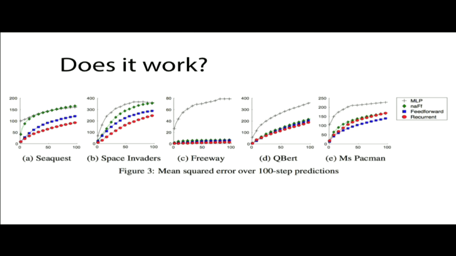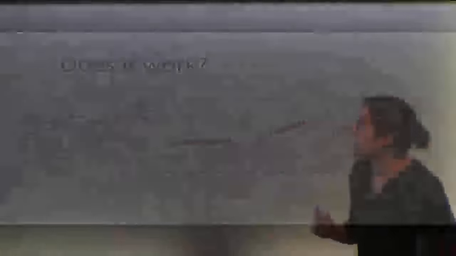The other thing is that generally models that have some sort of recurrent state are able to perform much better, especially for long-term predictions, unless the things happening in the video are very local and happen in very short time spans, like they do in Ms. Pac-Man. Yeah. Wait, what's the green NAF1 stand for?